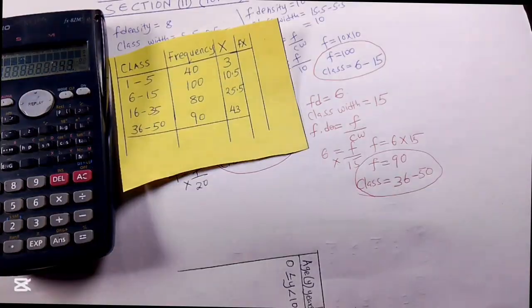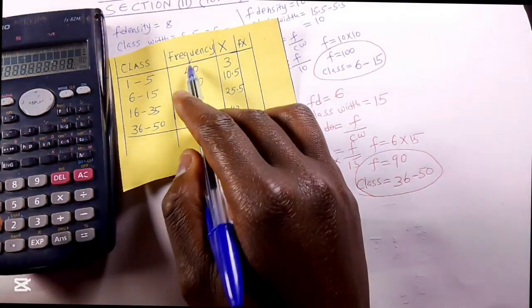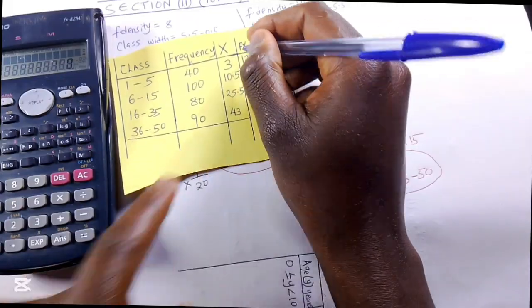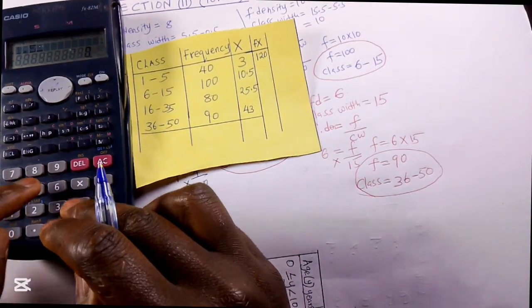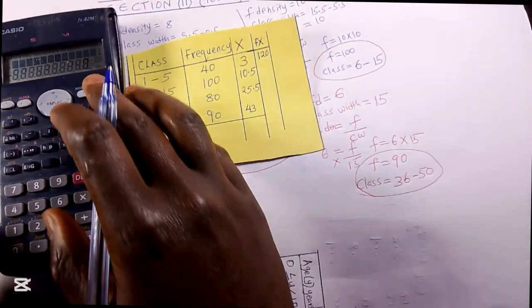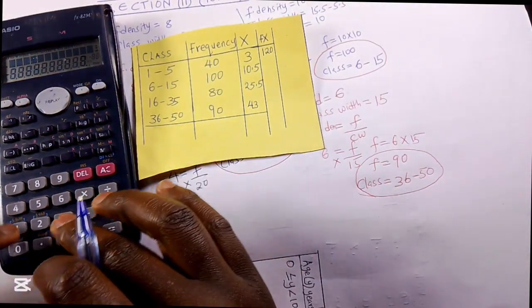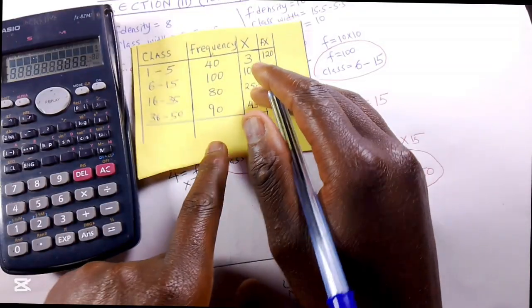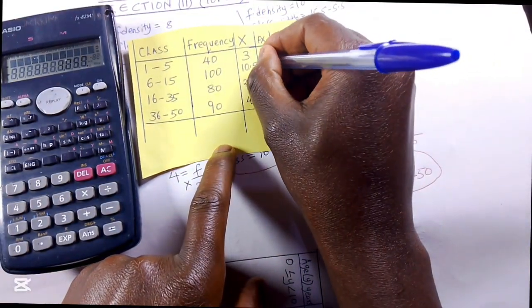So fx, we are going to multiply 40 times 3 is equal to 120. Then 10.5 times 100 is equal to 1050.